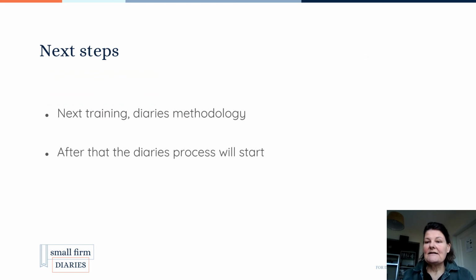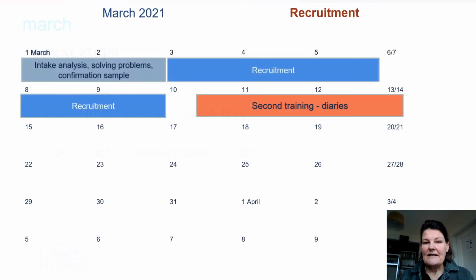After that, there will be the next stages of another training, the second training on the diaries methodology. And after that, the diaries process will start. Here you can see the planning.